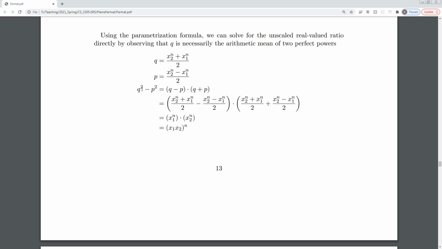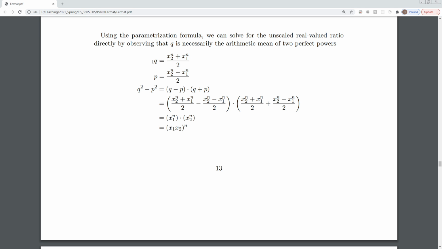The way we would do that, remember that we observed that there was this progression: q squared minus p squared, q squared, and then q squared plus p squared. So we should expect something in that range. We should expect to be able to find some midpoint between two perfect powers. So let's solve for it explicitly, but let's solve for it just for the unscaled term right now.